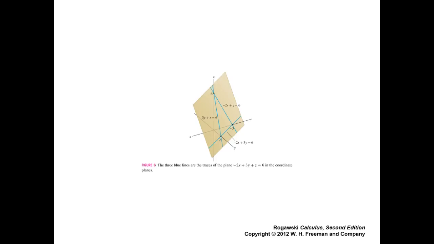Suppose that a plane P with a normal vector N and a line L with direction vector V both pass through the origin, and that N dot V is equal to 0.